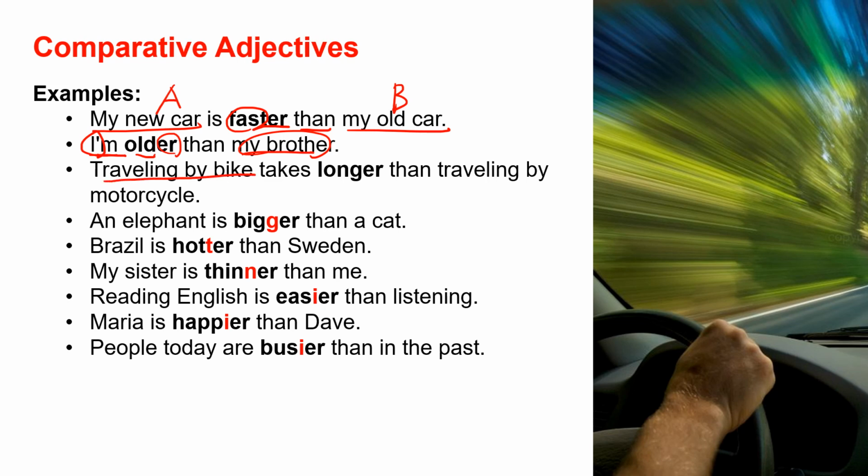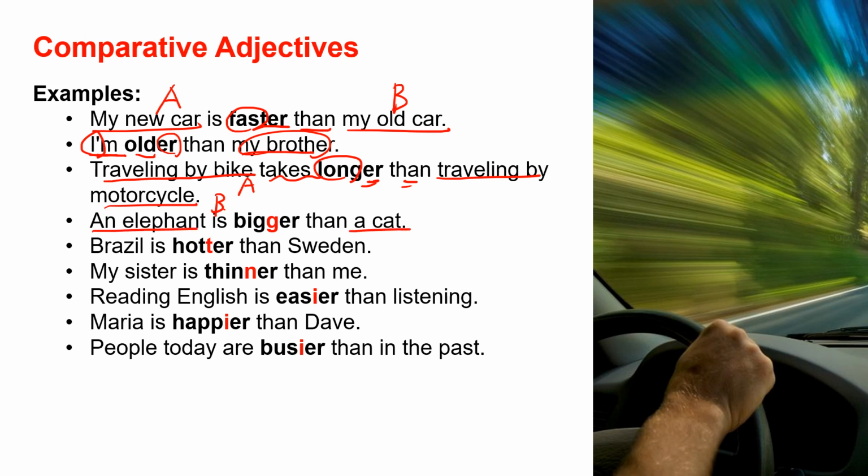Traveling by bike is A. Traveling by motorcycle, B. Traveling by bike takes longer than traveling by motorcycle. An elephant, a cat.